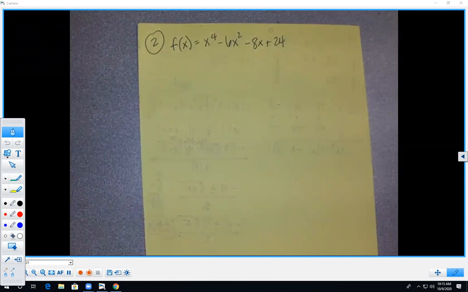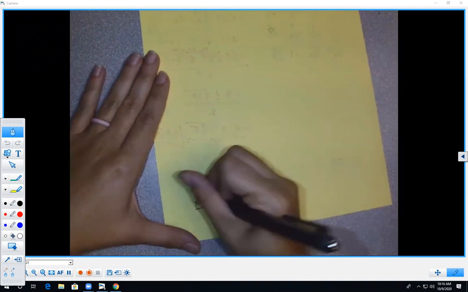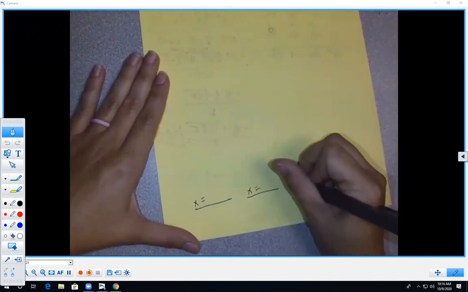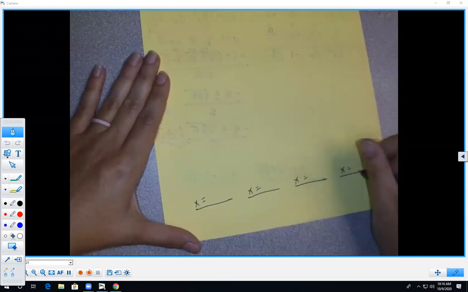How many solutions is this one going to have? 4 solutions. 1, 2, 3, 4.